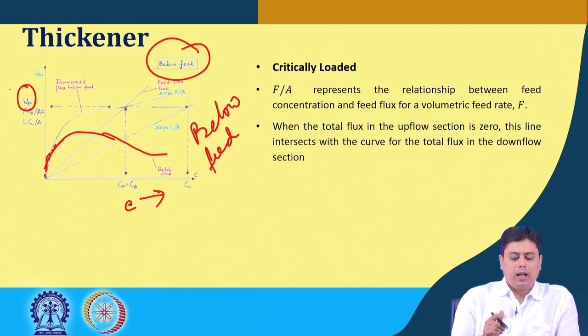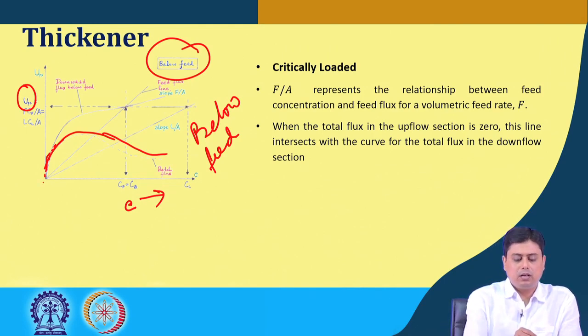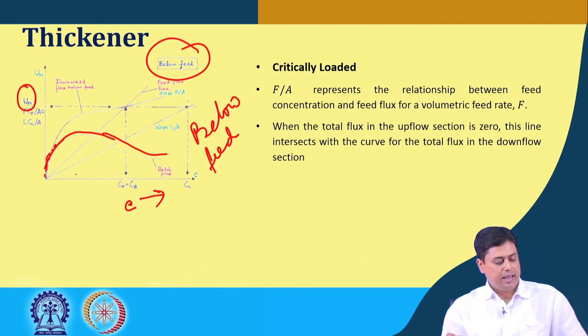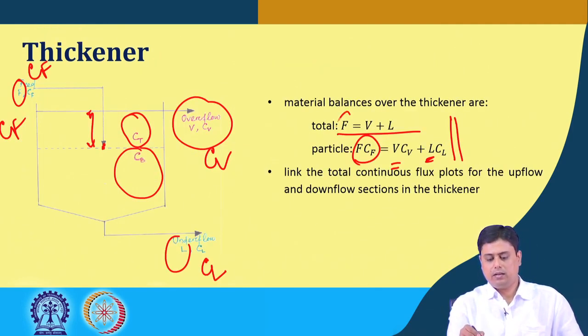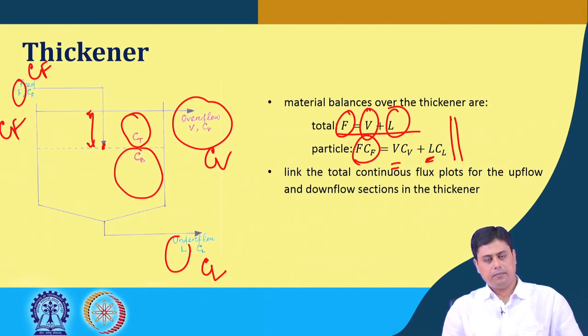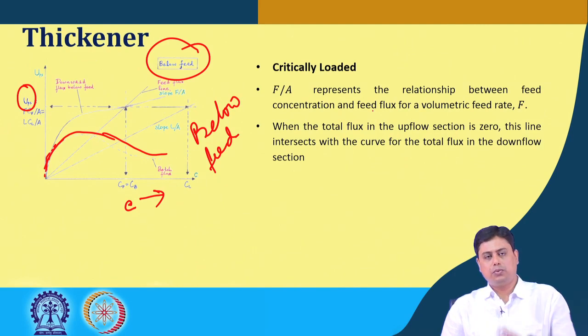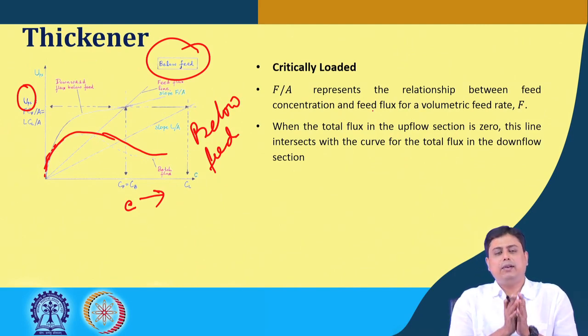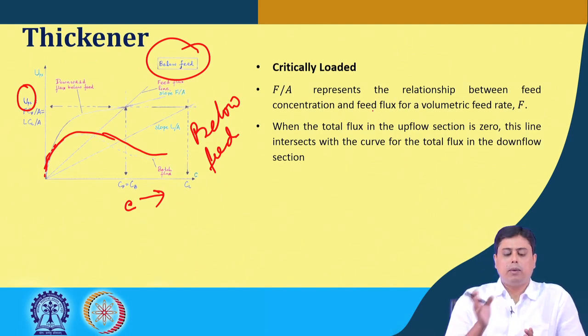Okay. Now, which means this F by A, V by A and L by A, these are the slopes of the bulk flow rate, of the underflow and the overflow.